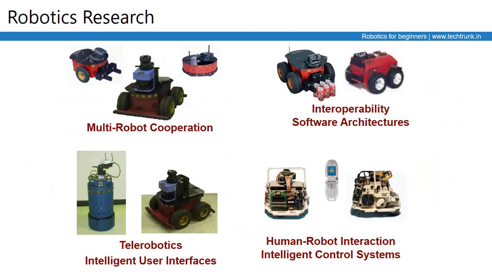The very first slide shows the current research in robotics. Most researchers are into multi-robot cooperation in terms of mobile robots. Multi-robot cooperation is something we try to mimic from swarm intelligence, or the intelligence possessed by insects like ants and bees, where multi-robot systems cooperate with each other and do a particular task in a cooperative manner, reaching the target destination and performing the task with complete optimality.